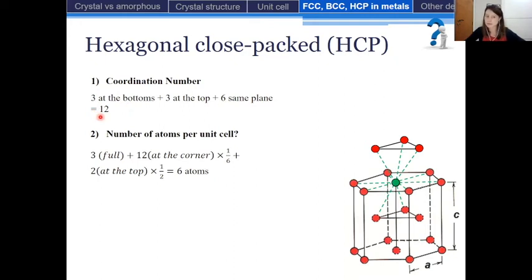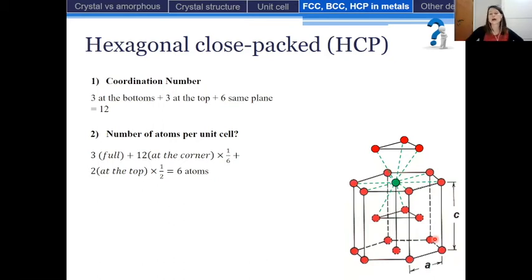closest neighbors. Okay, so then second question, what is the number of atoms per unit cell? Considering the unit cell represented right here, we have 3 full atoms that are placed at the center, so in the middle plane, that compose this unit cell, and they are totally within the unit cell, so 3 full atoms. Then we have totally 12 atoms that are placed at the corner, and if you have a look, they are shared by 6 unit cells totally.